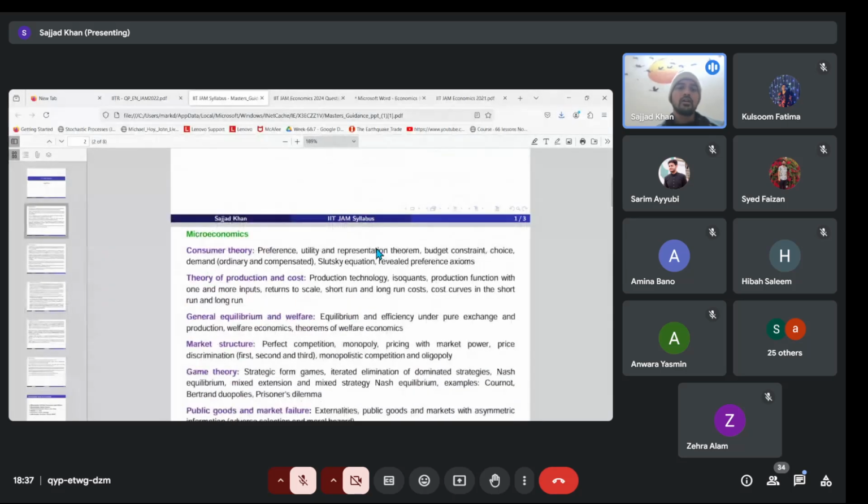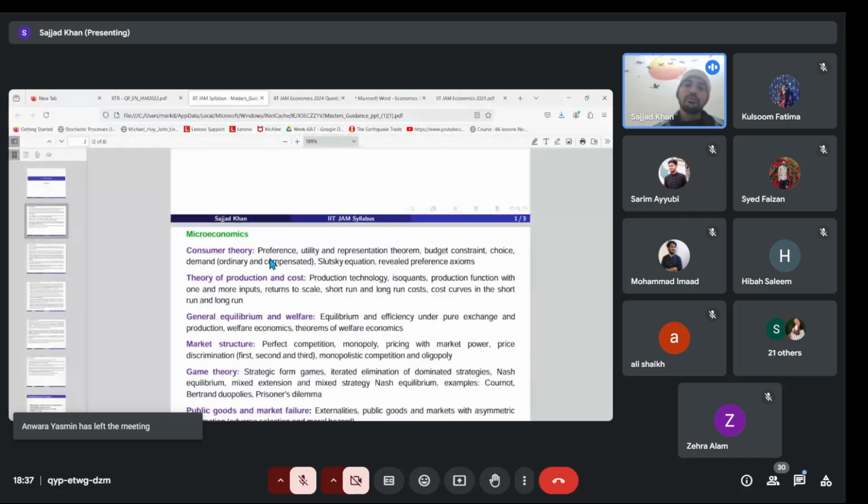Now, in microeconomics, they ask about consumer theory. In consumer theory, to maximize our score and optimize our time, where should we focus, like in preference, utility, and representation theory? In general, what should we focus on in 20 days?